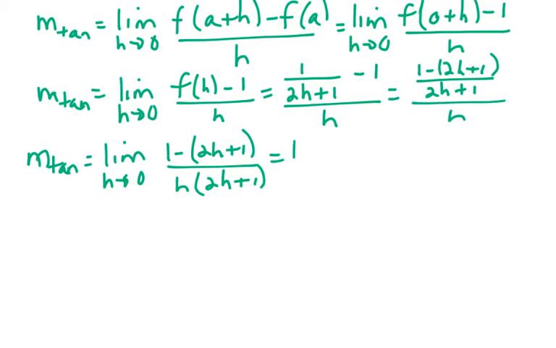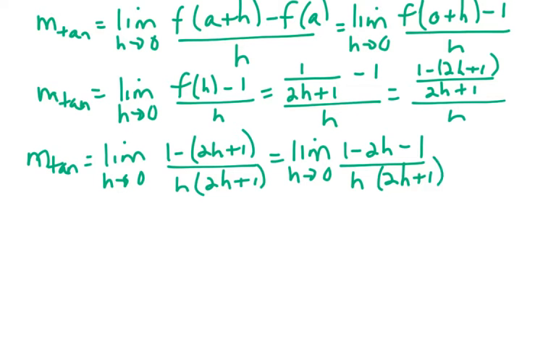Distribute in that negative sign up top, and you get 1 minus 2h minus 1 all over h times 2h plus 1. Okay, so I can clean this up even further, and I've got the limit as h approaches 0 of minus 2h over h times 2h plus 1.